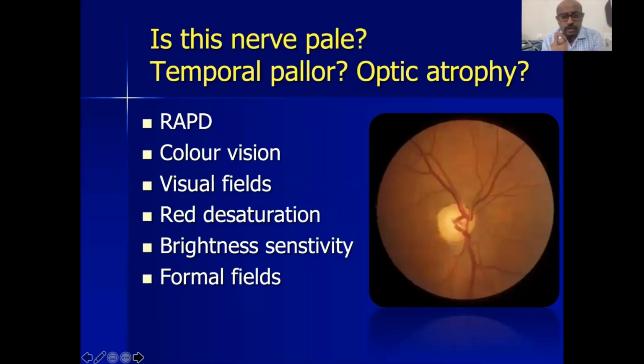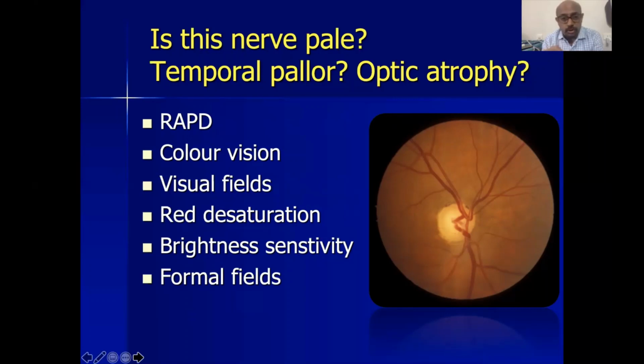If you find even the minutest RAPD, you know that you are looking at a pale disc with optic nerve dysfunction. You will find RAPD in all patients who have a unilateral optic nerve problem or an asymmetrical bilateral optic nerve problem. So the presence of RAPD confirms that what you're looking at is a significant disc pallor, a pathological disc pallor.